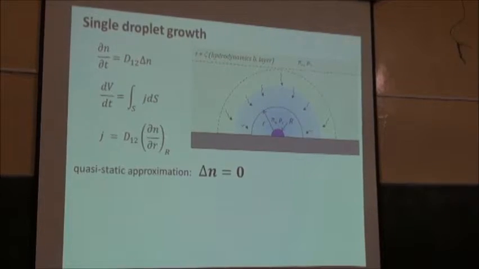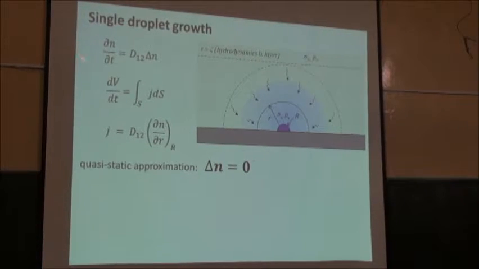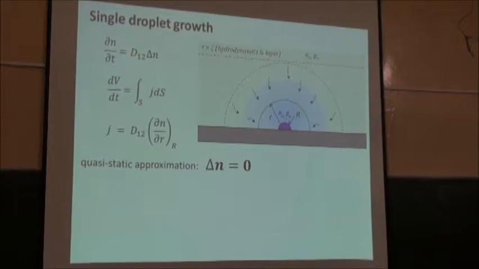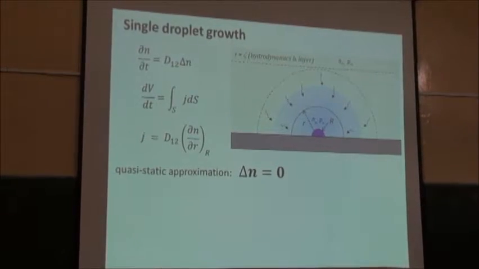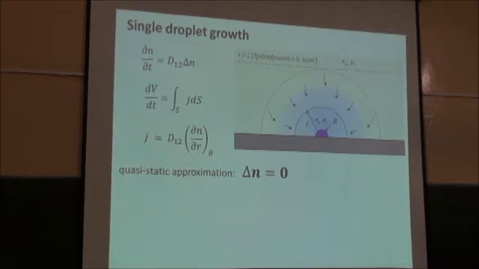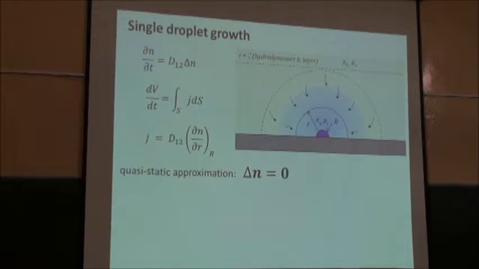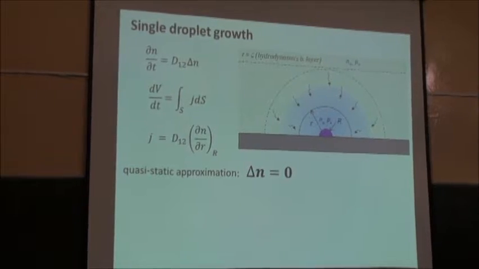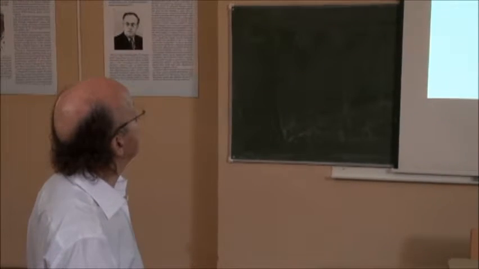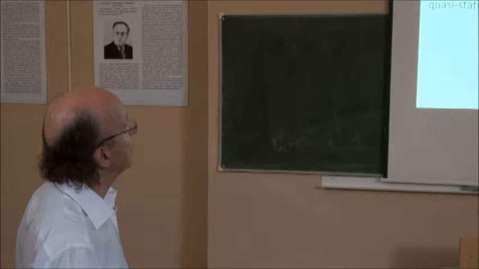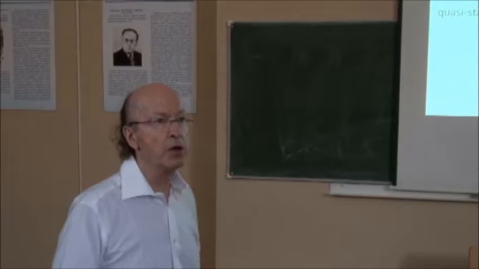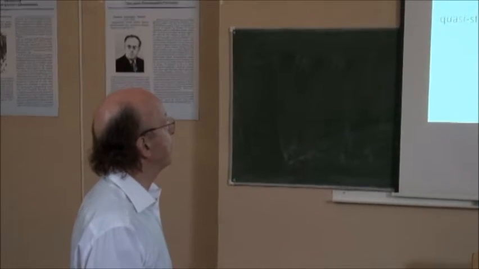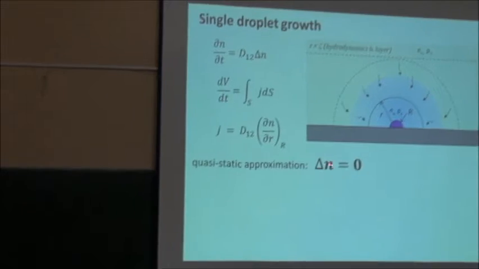So for that, as I told you on Monday, to solve this equation is very difficult because that's a moving boundary problem. And so it can be solved analytically only for a few conditions. This, for example, two-dimensional with constant flux at the border. So you get a log profile. But if you assume that during the growth of the drop, the profile doesn't change very much, you have a much simpler equation, which is the Laplacian of n equal to 0.